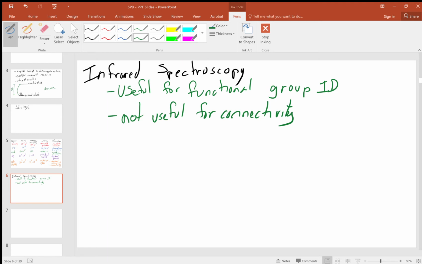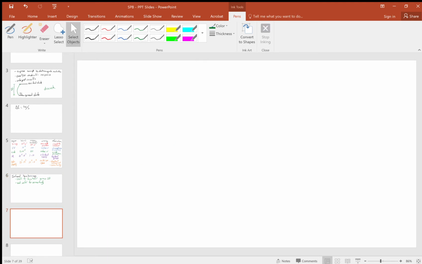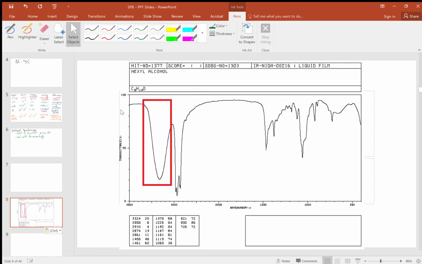All right, so let's just start out by looking at a sample spectrum. Right now we're not going to worry about really anything in this spectrum, but just to look at this as an example. There are always two pieces of information that we're going to get from each peak.